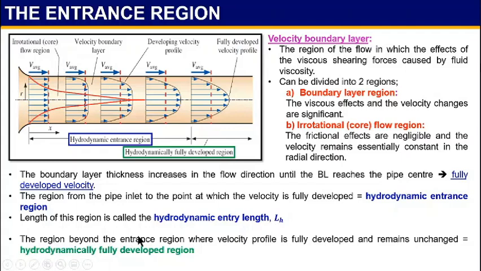The region beyond the entrance region, where the velocity profile is fully developed and remains unchanged, is called the hydrodynamically fully developed region. We already discussed this in a previous slide. So now you understand how fluid flows in a pipe, and how the viscous and friction effects change the velocity profile in the pipe.